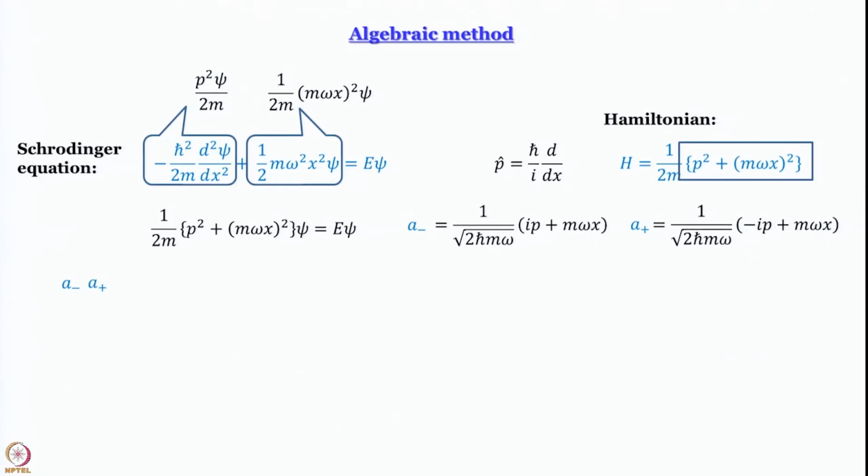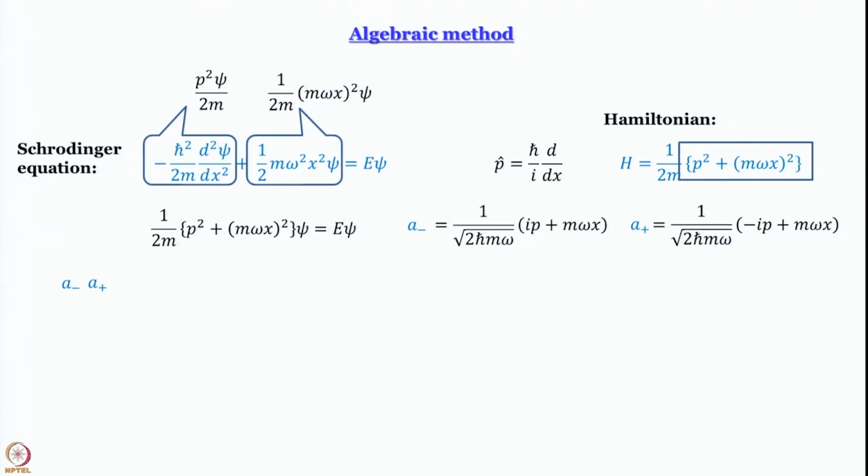And we have already defined the ladder operators. A minus is 1 by root over 2 h cross m omega multiplied by i p plus m omega x. This whole thing is the a minus operator. Remember, we are not writing hat explicitly, but please do not get confused about which one is an operator and which one is just a number.